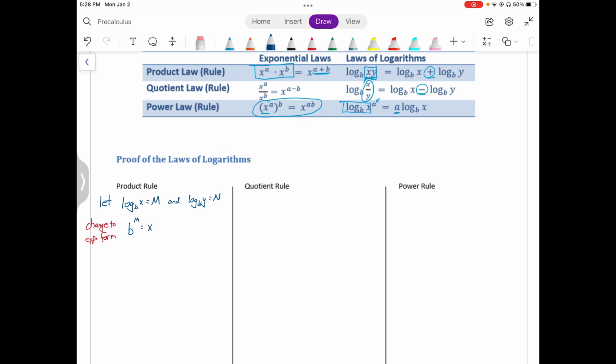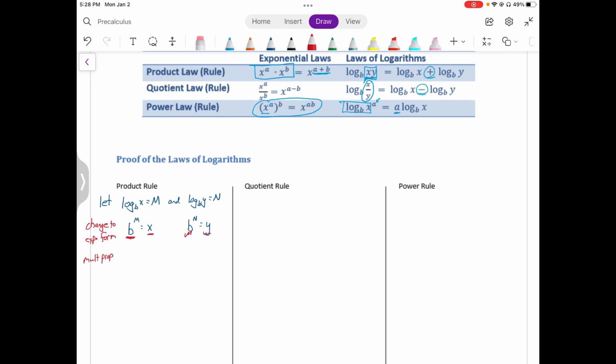And over here we get b to the n is equal to y. And what we do now is we take b to the m equals x, and we're going to multiply both sides by this equation. So we actually use the multiplication property of equality.